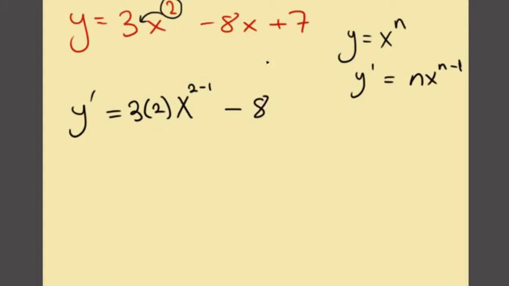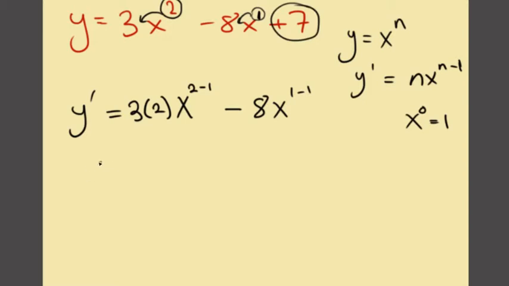Minus 8. There's a 1 here, but we don't write it down. Just imagine it. So you do 1 multiplied by 8, which is just 8. X to the power of 1 minus 1, which is 0. And just to let you know, any number to the power of 0 is equal to 1. And the 7 goes away because it has no power, so it just becomes 0.